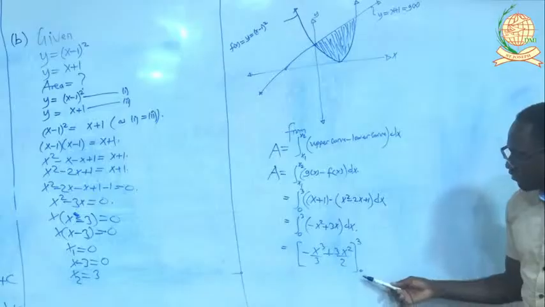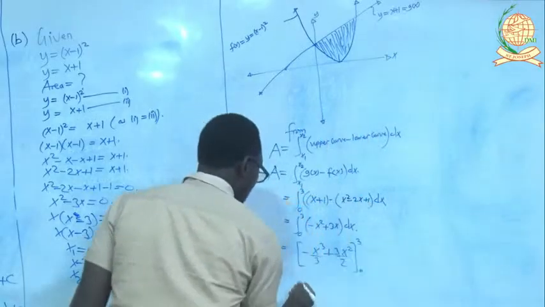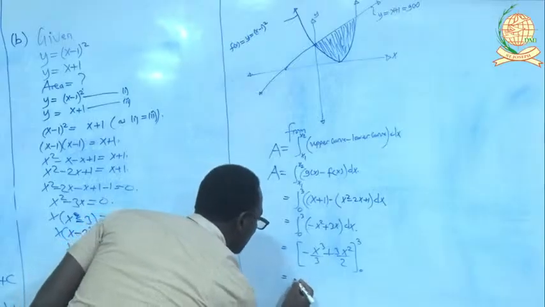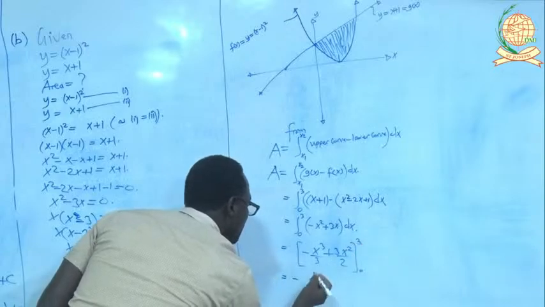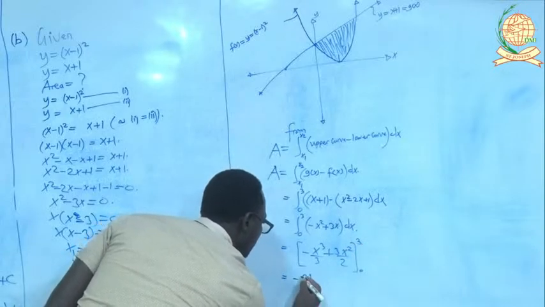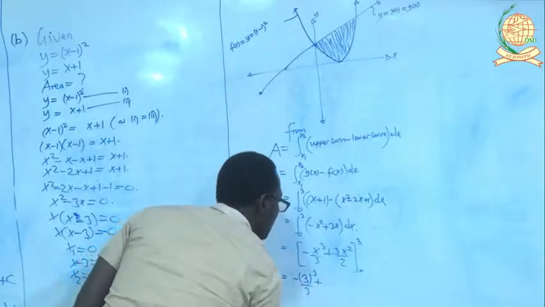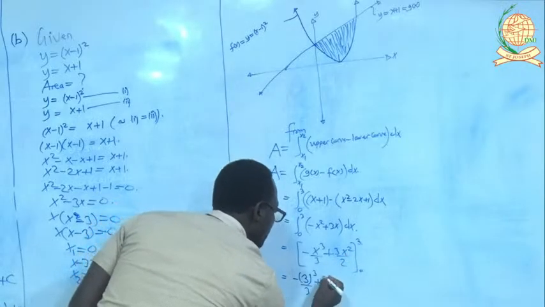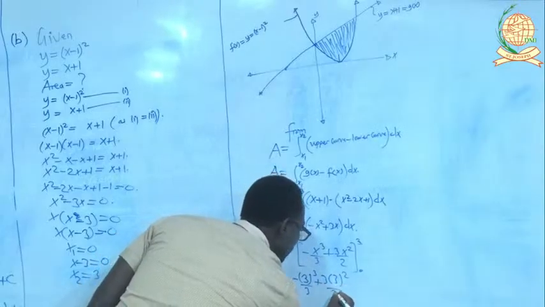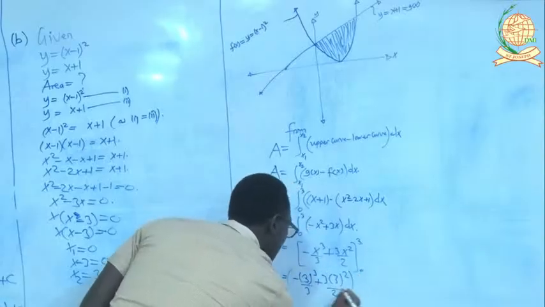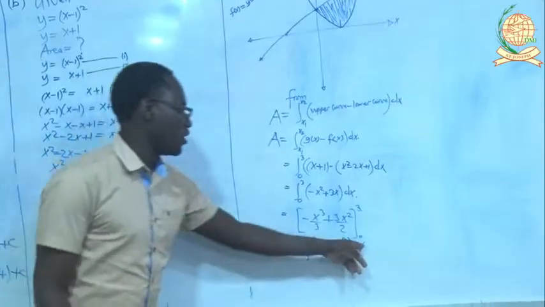Now the limits are from 0 to 3. Substitute the limits, starting with the upper one: negative x, now we substitute 3, so it will be 3 power 3 over 3 plus, again x is 3, squared over 2. Then you minus the lower limit.